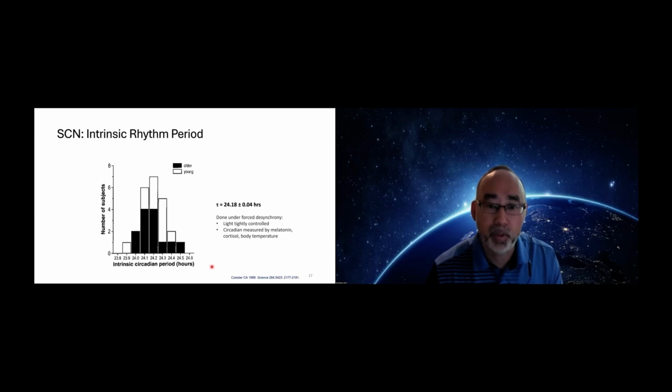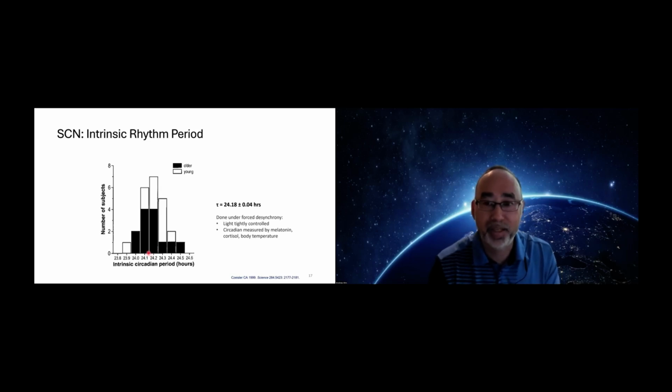This is a pivotal study done by Czeisler in 1999, done under forced desynchrony where light exposure was tightly controlled. And this measured circadian period using melatonin, cortisol, and body temperature. And so the average intrinsic period was about 24.18 hours, just slightly longer than 24 hours a day.